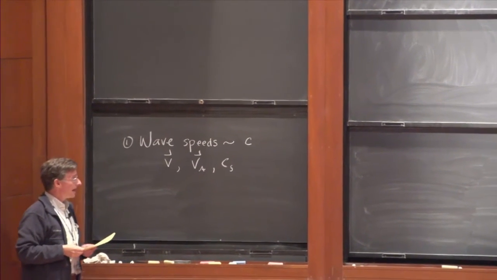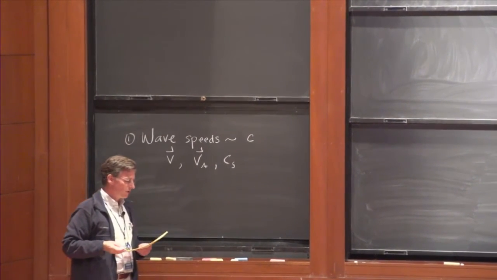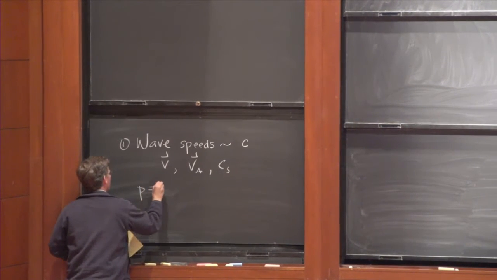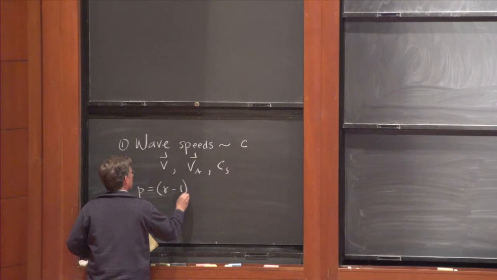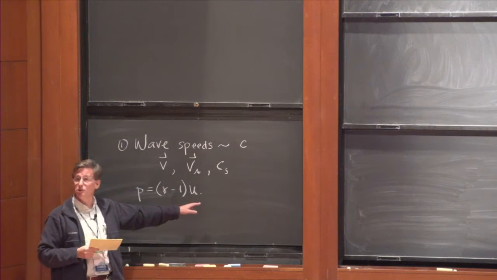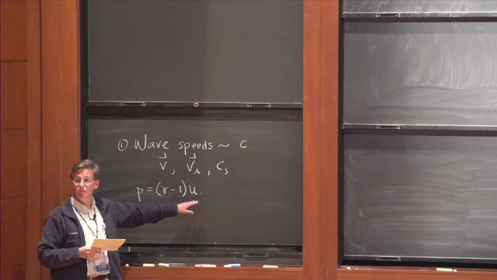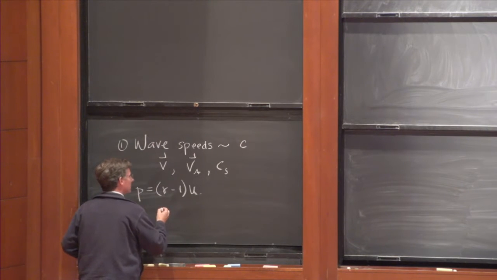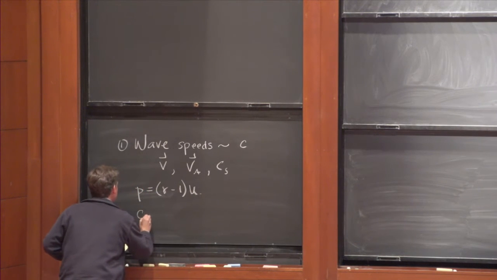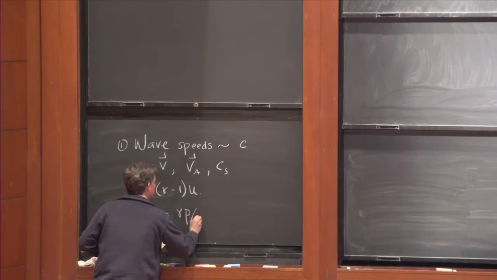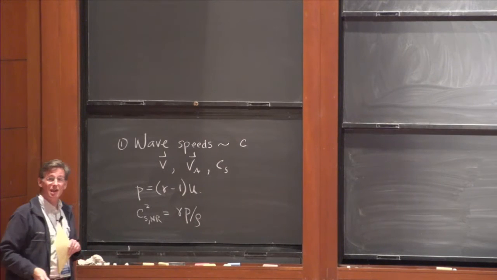So let's start with the sound speed. If we have a so-called gamma law equation of state, in which the pressure is proportional to the internal energy per unit volume, then we can write the non-relativistic sound speed as what is hopefully a very familiar expression, just gamma p over rho.